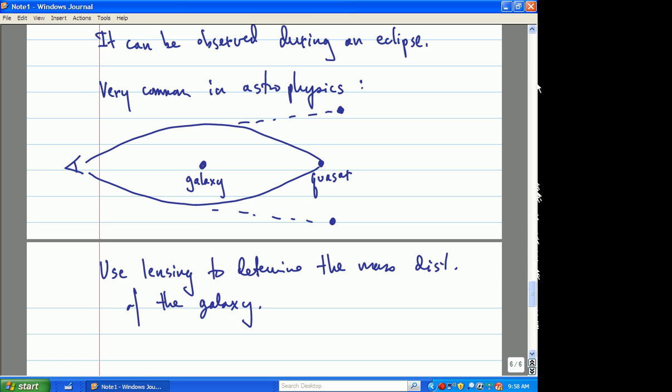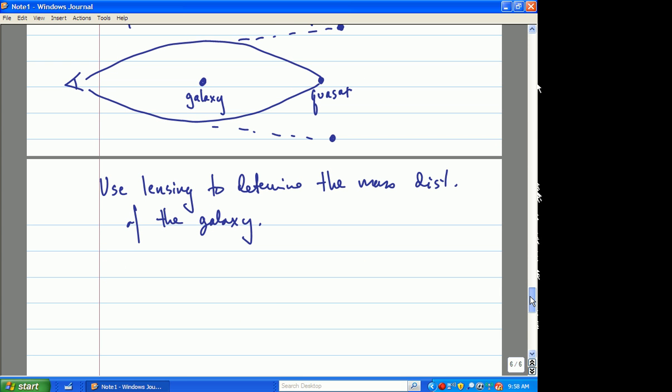So in a perfectly spherically symmetric setup, you would have what is known as an Einstein ring, which would be a perfect circular image on the sky coming from this quasar. If you have something that's slightly off-kilter, you would get a complicated series of arcs of various distributions of intensity. And so, by studying in detail this gravitational lensing, you can actually learn quite a bit about what's going on.